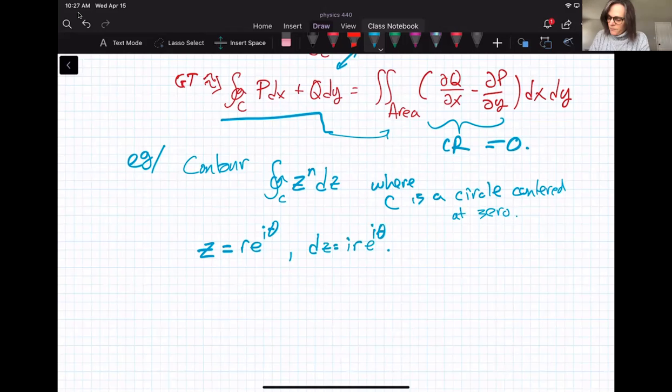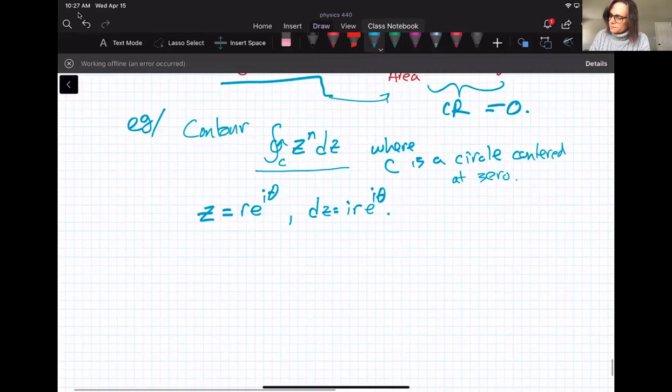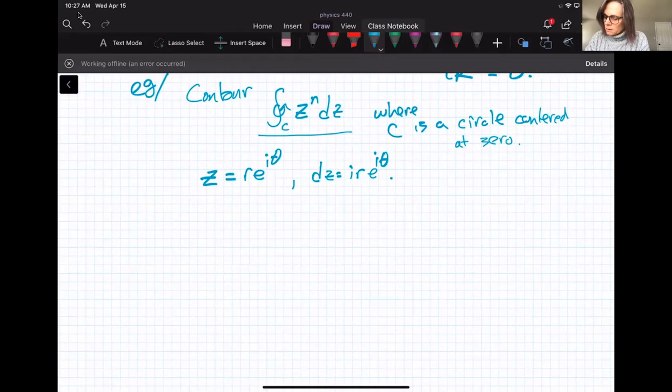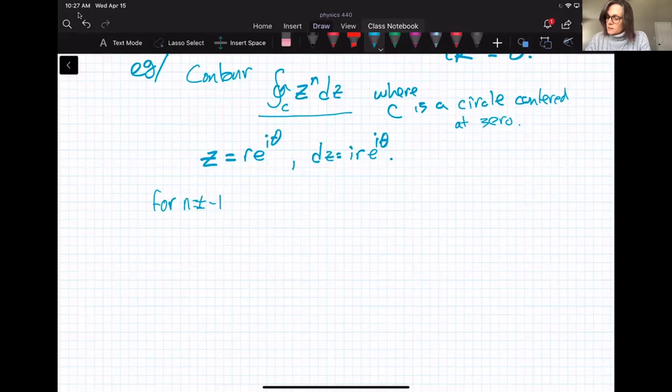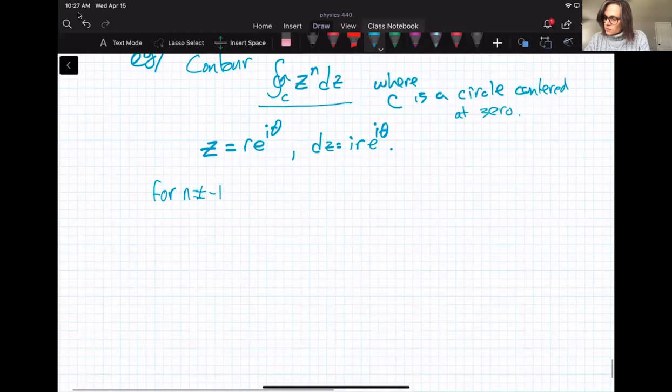Okay. So now we can look at this integral, and we'll split it up into two cases. For n not equal to -1, if we make these substitutions, this transforms into 1 over 2 pi i times the integral around that contour of z to the n dz.